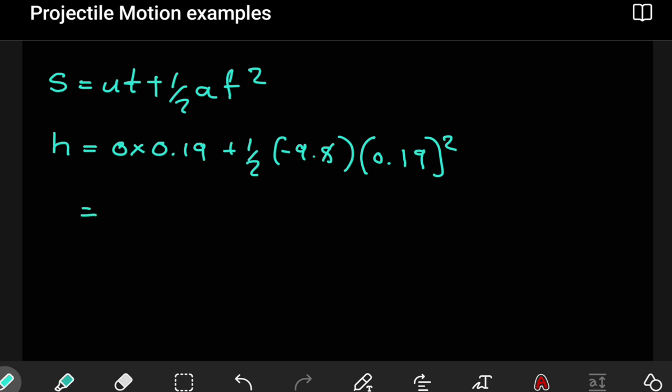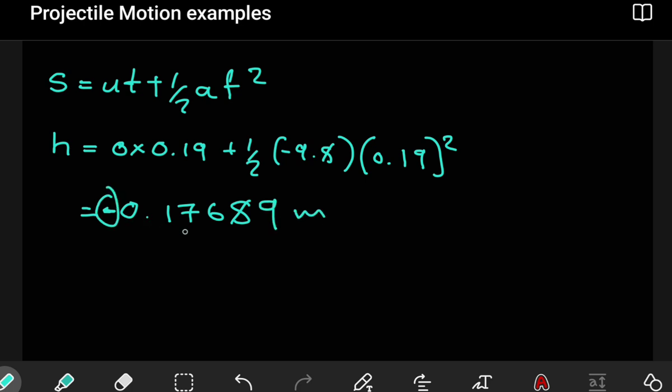And then from here, we work out this expression for h, and we get negative 0.17689. This is in meters.